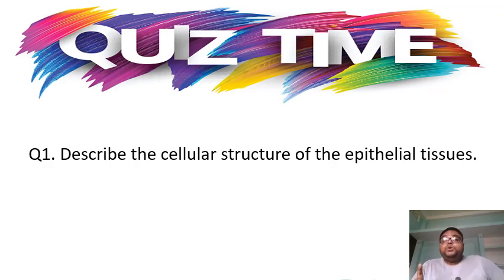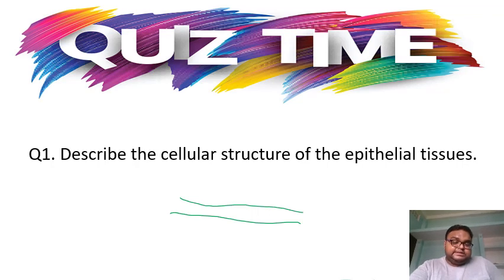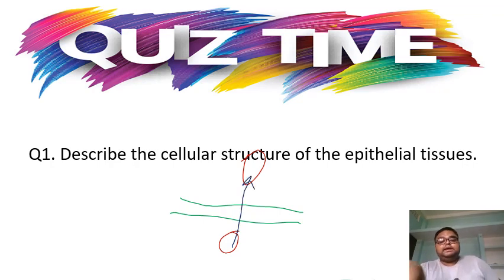There are no intercellular spaces present between them, and anything that has to go inside the body has to cross at least one layer of the epithelium, right? Suppose that this is the epithelium and this is something that wants to cross, then it has to cross through at least one layer of the epithelium. Okay, students, right? Shall we proceed ahead?